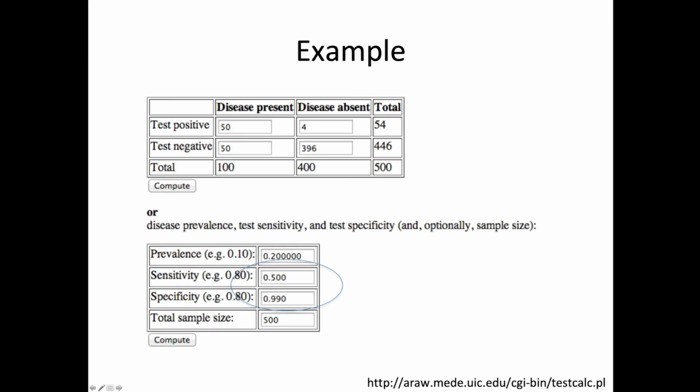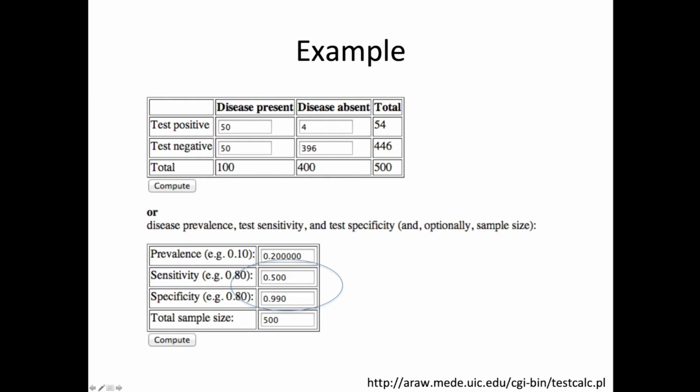And so here are some examples of how we calculate it. This is a very handy website that allows you to do calculations of diagnostic tests. Let's say we do a study with 500 patients. 100 of them have the disease, 400 of them don't. Our test was positive in 50 patients who had the disease.